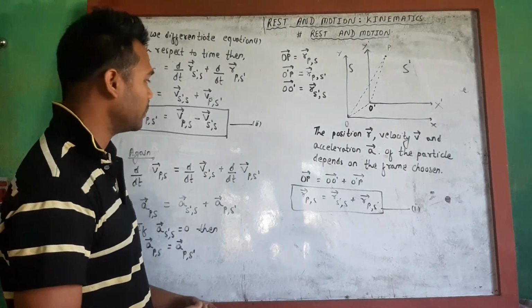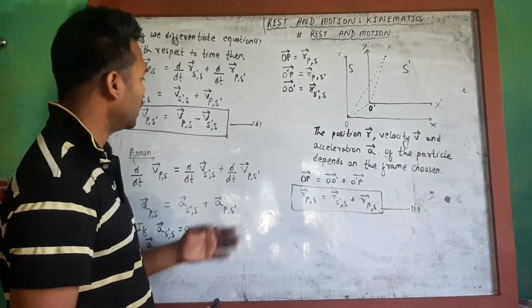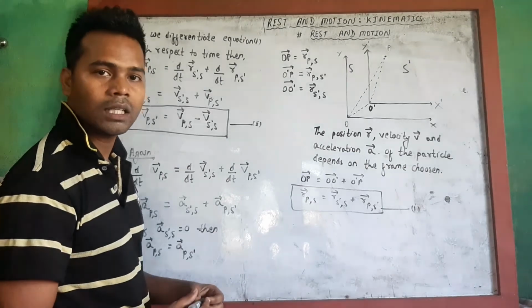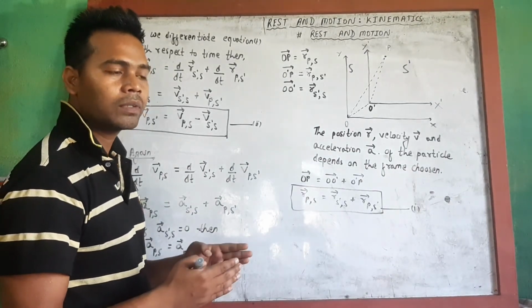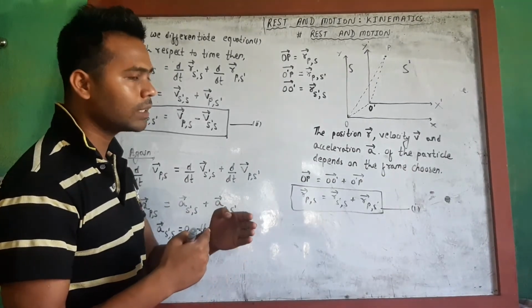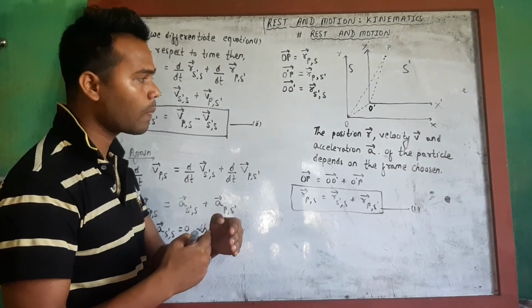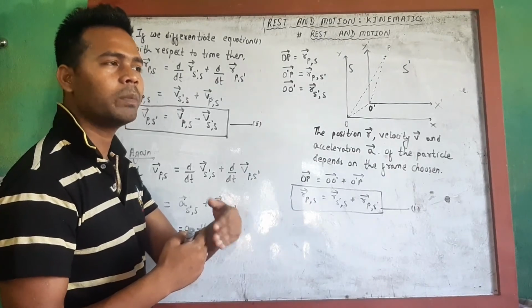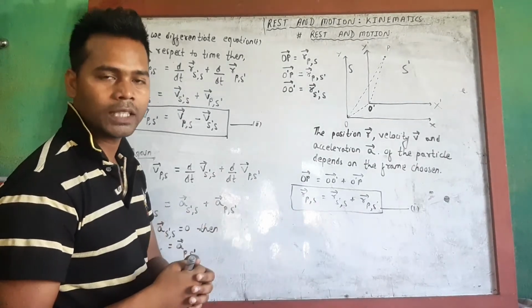This equation is not correct in two conditions. The first is if one reference frame moves with respect to another reference frame with a very high speed, comparable to the speed of light.